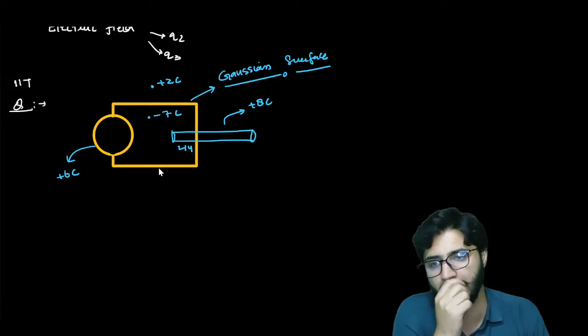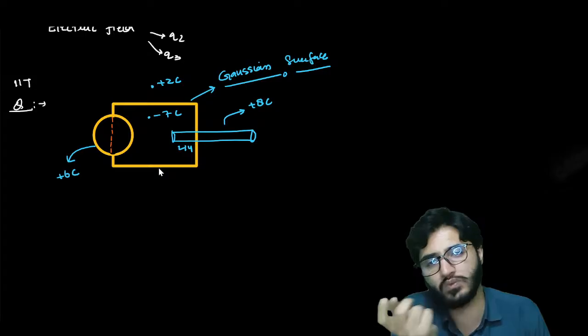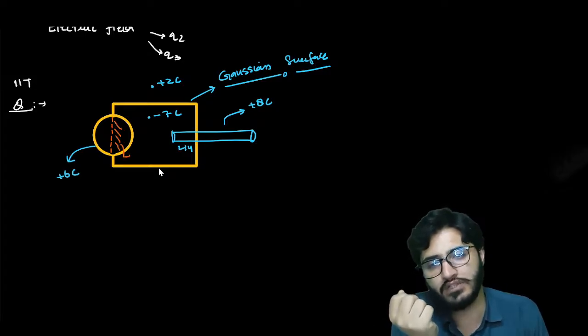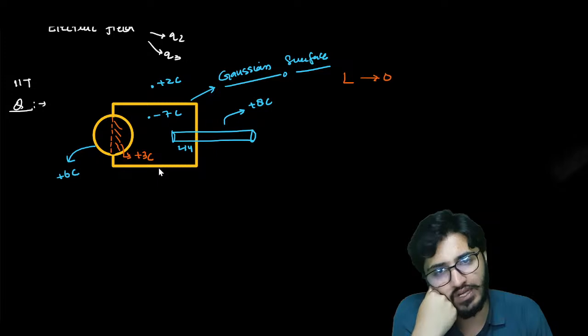How to get it? Look, if 6 coulomb is on this disc, that means 3 coulomb will be inside, 3 coulomb will be outside. So this will be plus 3 coulomb. On this L length we have 8 coulomb.